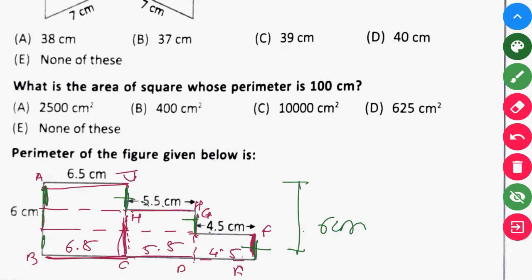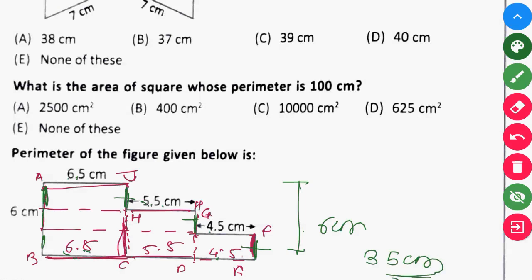10 centimeter. 12 plus 10, 22 plus 6.5 is 13, 14, 15, 16, 17, 18.5. 18.5 plus 6.5, 19 plus 6, that is 25, and 25 plus 10, that is 35 centimeter.